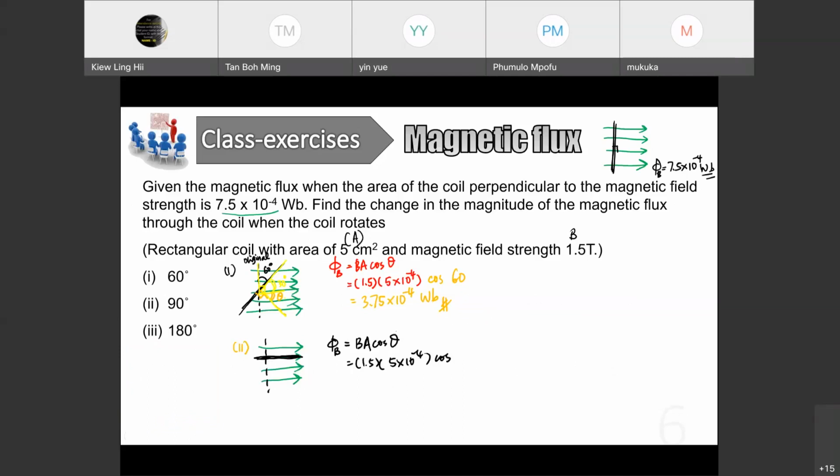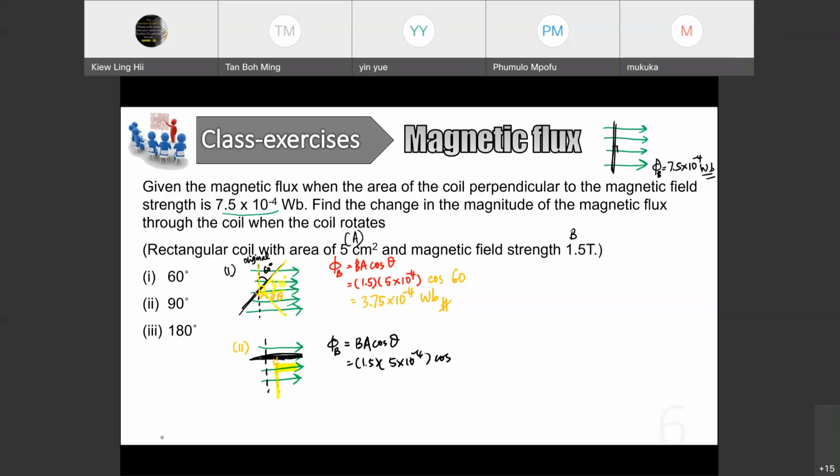So if you look at here, the plane is like this. Then the normal line is here. This is your normal line, correct? So what is the angle in between the normal line and your magnetic field line?